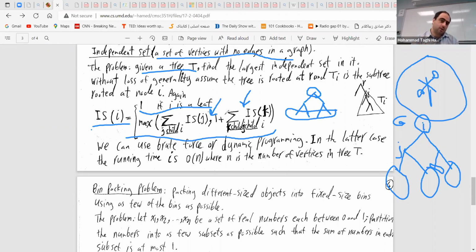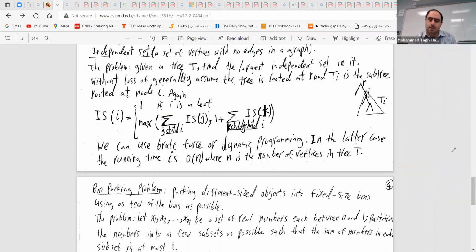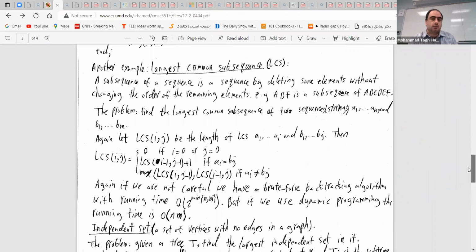I want to say that this is the important thing. We talked about two important problems here. One is the longest common subsequence that I have mentioned. That's very important for edit distance, which is one of the basics of computer science, and all of this text stuff, databases are using it somehow.